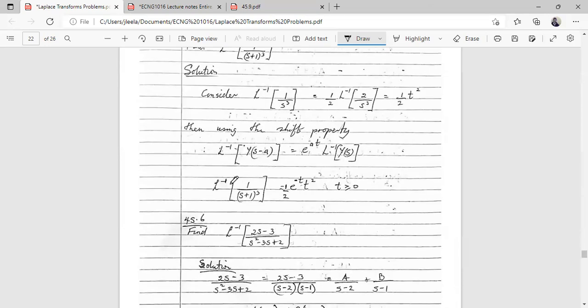So therefore, the Laplace inverse of 1 over s plus 1 cube, because remember your shift here will be -1, so that is e to the minus, your a here is your -1, because if you have a minus a here, s minus a minus will give you a plus, right? So you have your power here is minus t. You have your half in front. That is how we scale it here. And then you have t squared. So t greater or equal to 0.